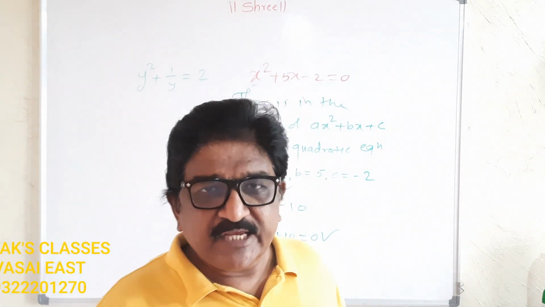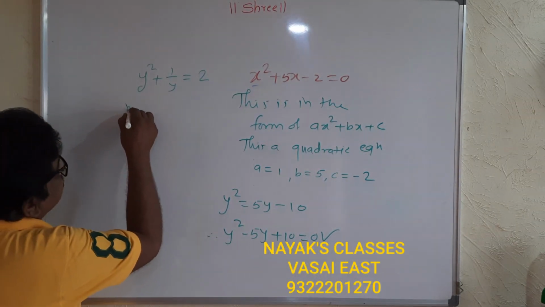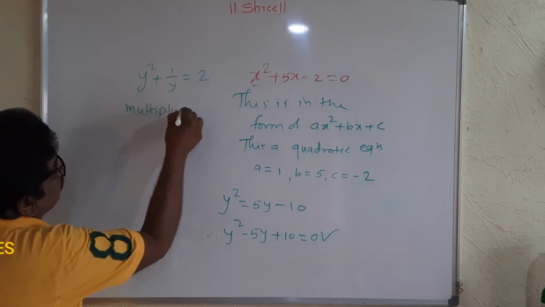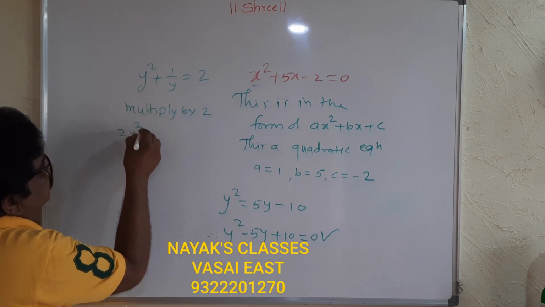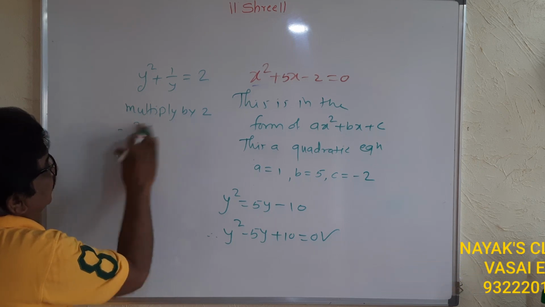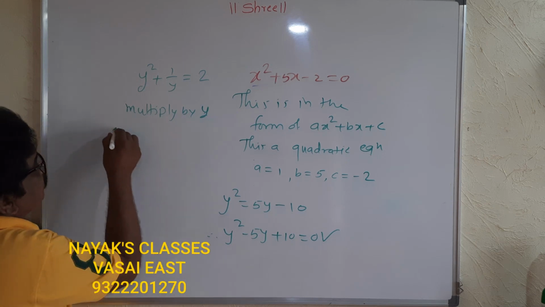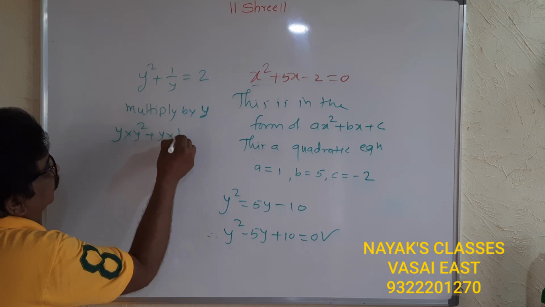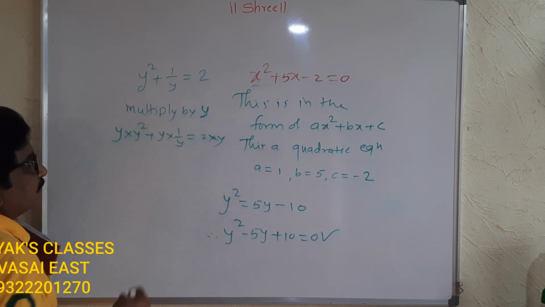By multiplying by the same variable, y. So y into y square plus y into 1 upon y is equal to 2 into y.